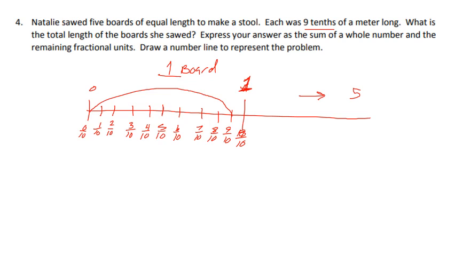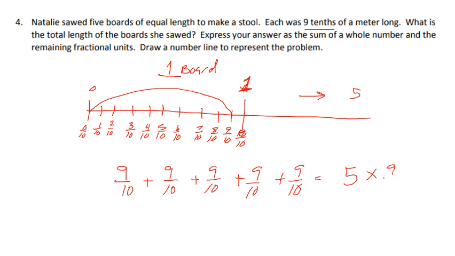So as you can see, if that is 1 board, we know we have 9/10 plus 9/10 plus 9/10 plus 9/10 plus 9/10. There's my 5 boards. And we know that would also be equal to 5 times 9/10.